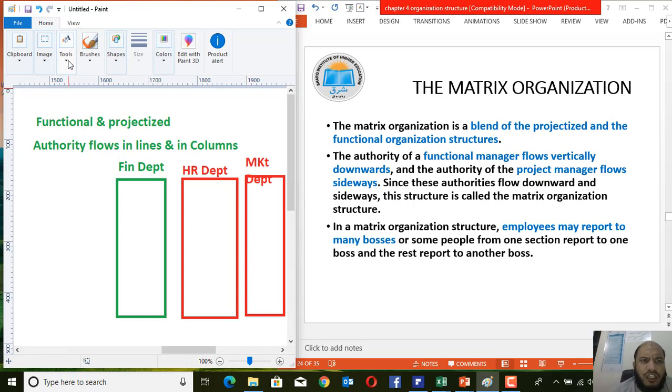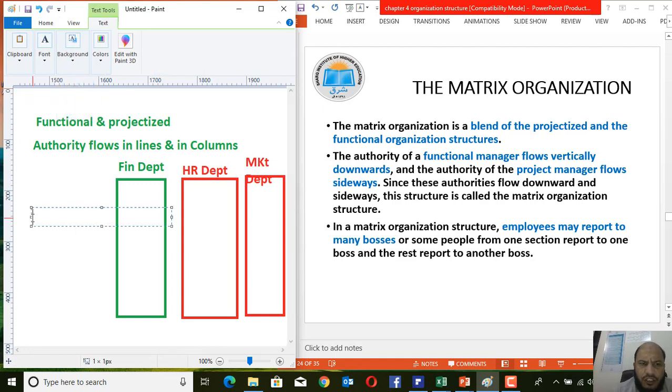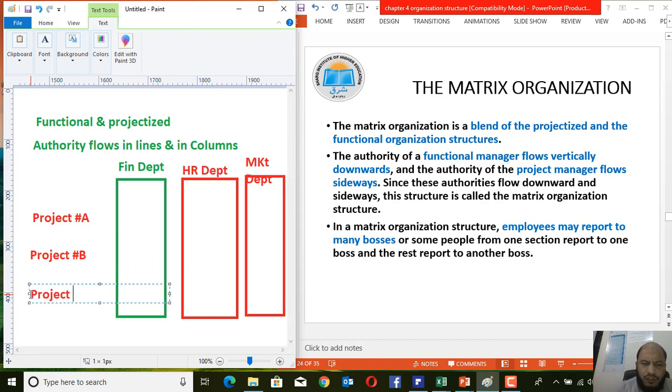Now this organization will also have some projects. This is project A, this is project B, and this is project C of this organization.